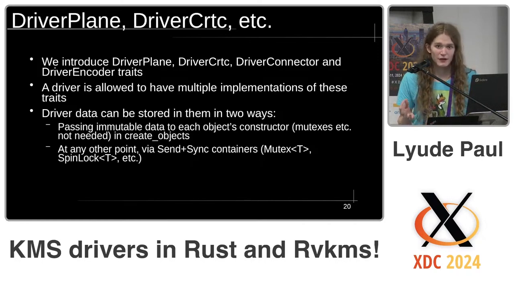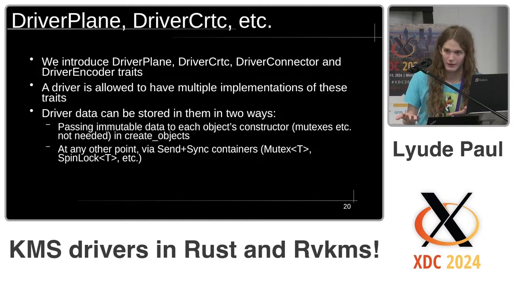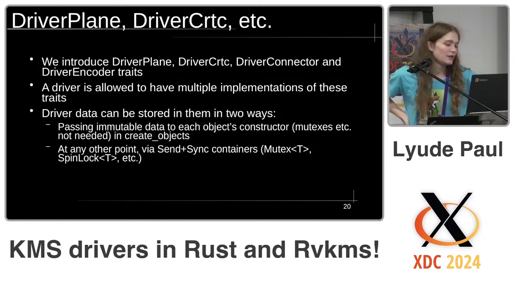So if a device has to do some sort of dynamic probing as it's loading, you're able to actually pass whatever information that you need into the structure via that entry point. And then, of course, the other point is Send and Sync containers. So this is basically just any kind of thread-safe lock, a mutex, a spin lock, etc.